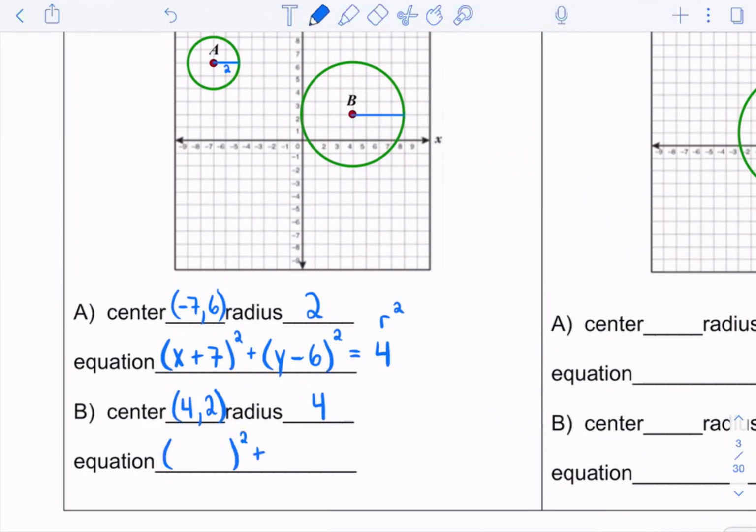That's a wonderful idea. Put the x in the first parentheses, y in the second parentheses, and then we just go and fill it in. Go for it. Opposite of positive 4 is negative 4. Opposite of positive 2 is negative 2. And we square the 4. 4 squared is 16. Beautiful.